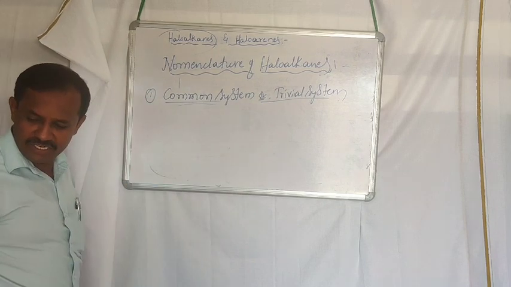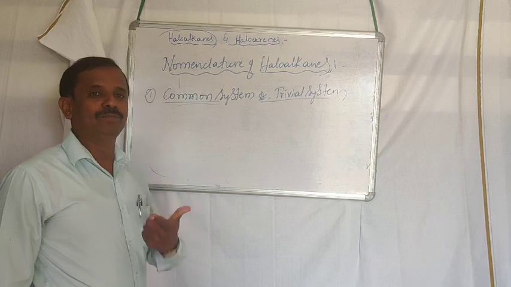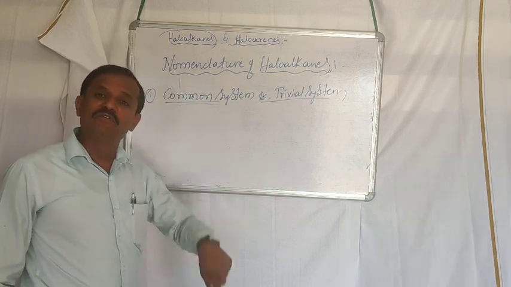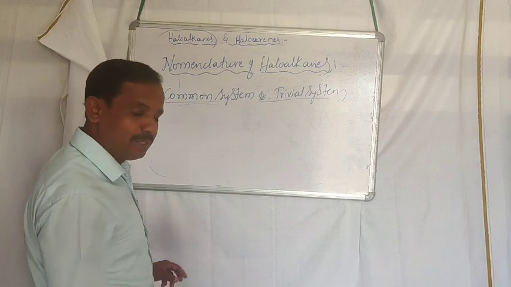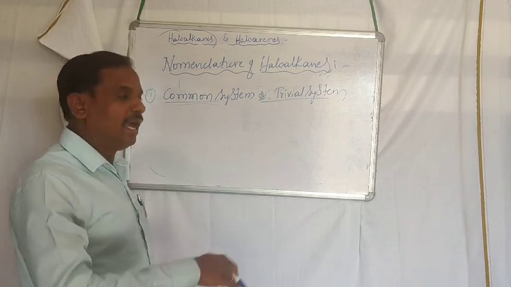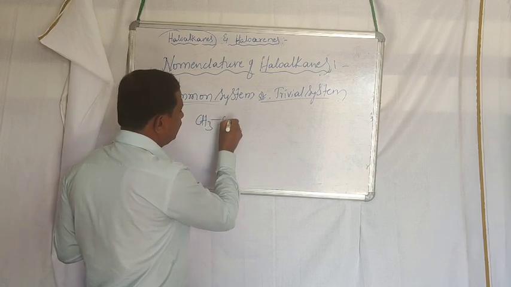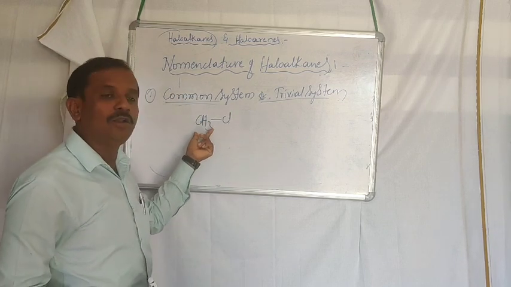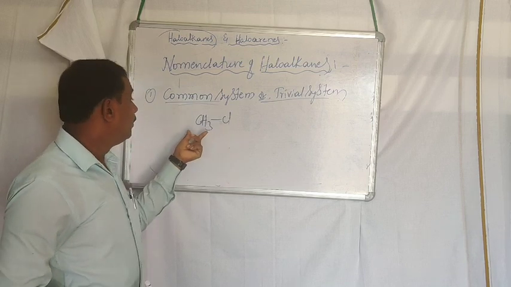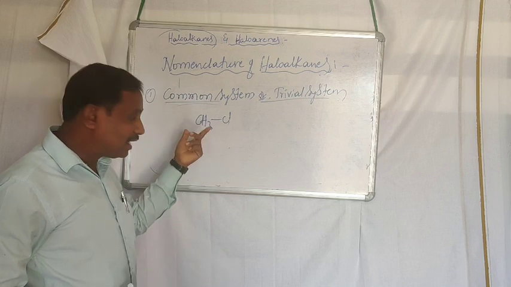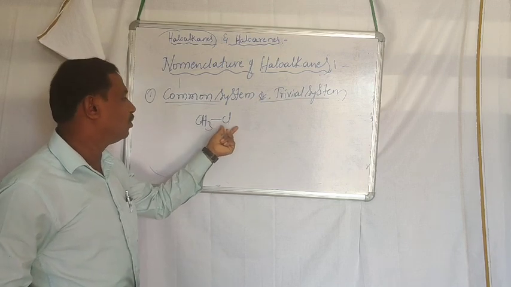In the common system, the alkyl group is named first, followed by the halogen name. Example, you take CH3Cl. The alkyl group is methyl, the halogen is chlorine, hence methyl chloride.